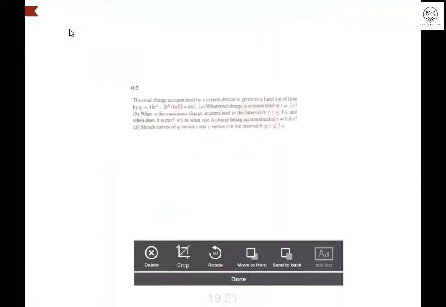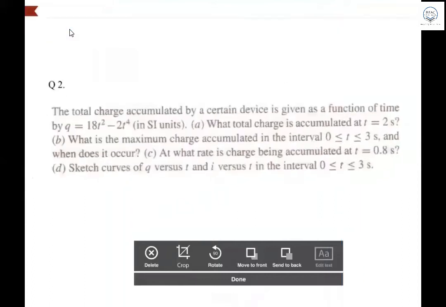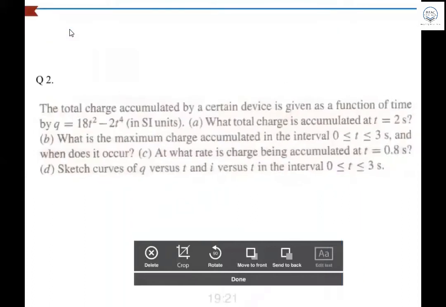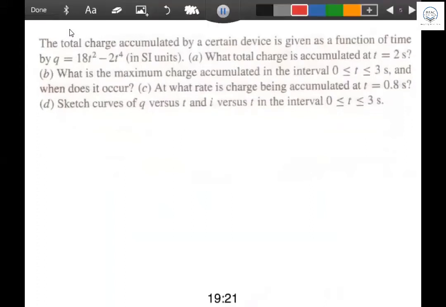Next problem is this one. All of you can follow me, I hope. Now if you go with this next problem, all of you can see the screen. Okay, good.